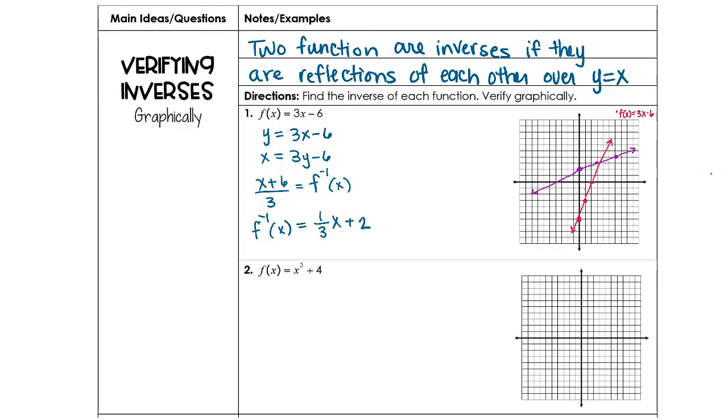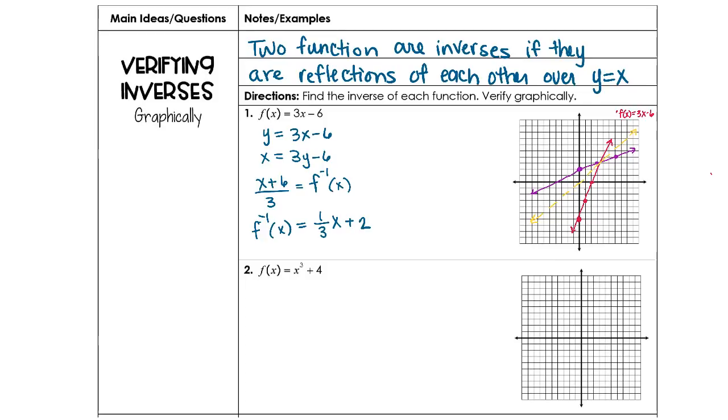Now what we're going to do when we're verifying this graphically is we're going to put in the line y equals x, which is just our general line through the origin all the way up, and notice that these are mirrored images of each other across that line y equals x. Alright, and that's what they want us to do graphically with this.